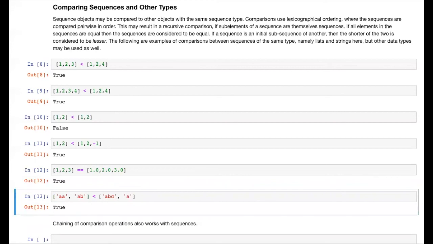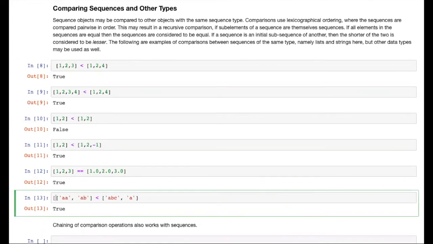So in this example, the string AA is less than the string ABC, so the expression evaluates to true. Similarly, if we were to use these lists as sublists in another list, the comparison is still handled recursively, and you'll see that AA here is still less than ABC, and so this comparison would still return true.